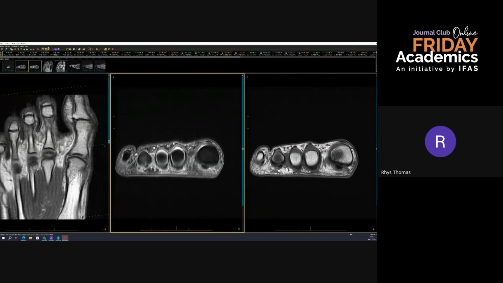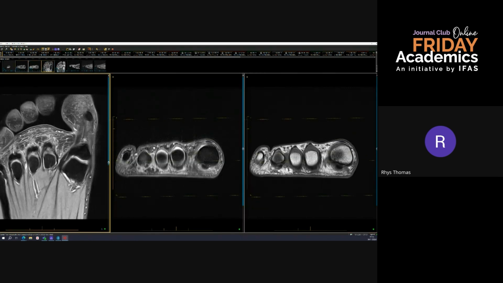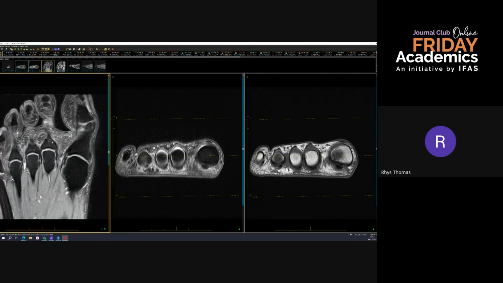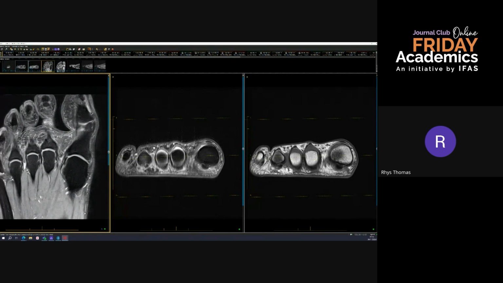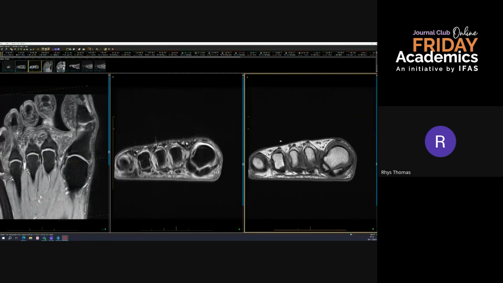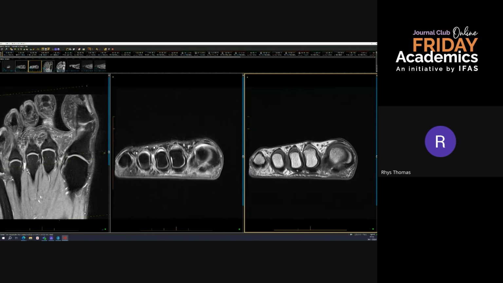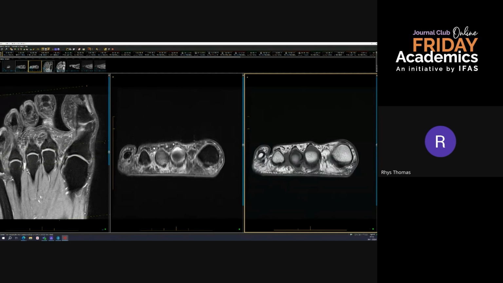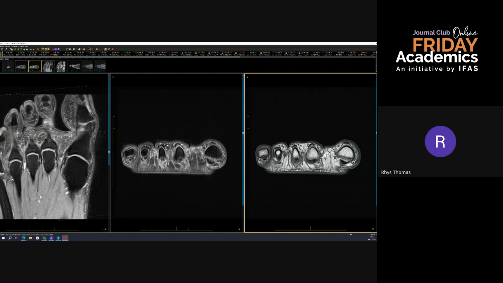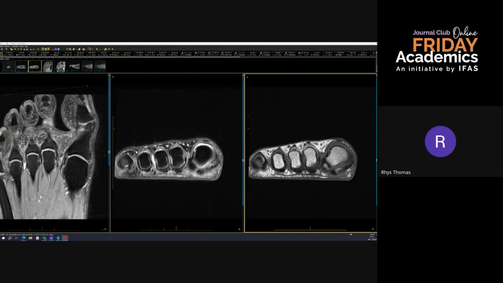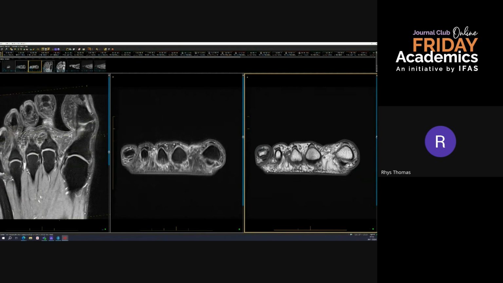And when we look at the PD FATSAT coronal, we can see there's a little bit of fluid in the bursa here, which is this part here, but the thickening that we're seeing is also here, but that's not fluid there. So to my eye, this is a perineural fibrosis, sorry.